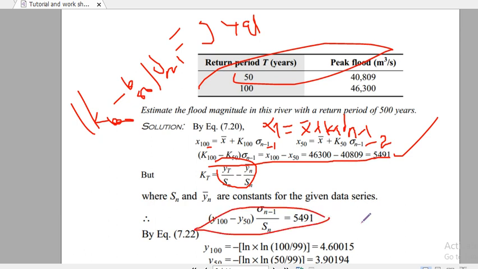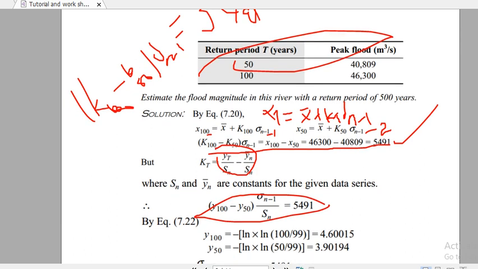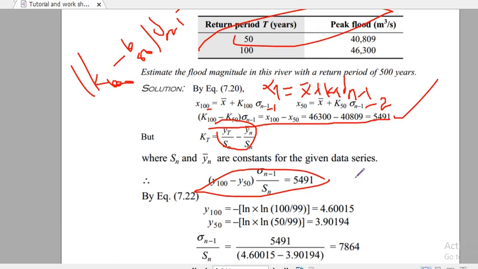So y_T can be estimated using this formula. y_T is equal to minus ln times double ln of T over T minus 1. This is the equation used to estimate y_T at different return periods.